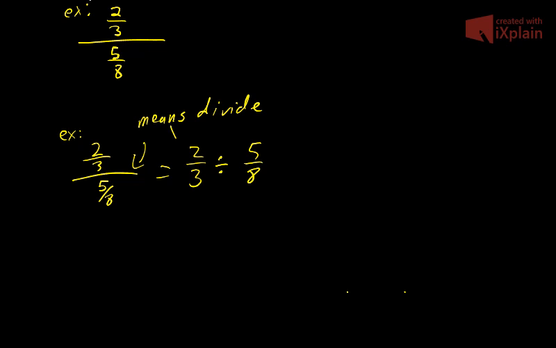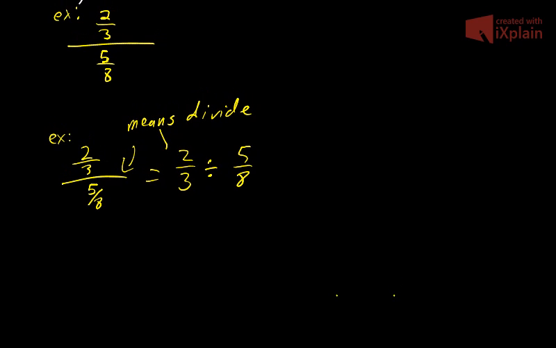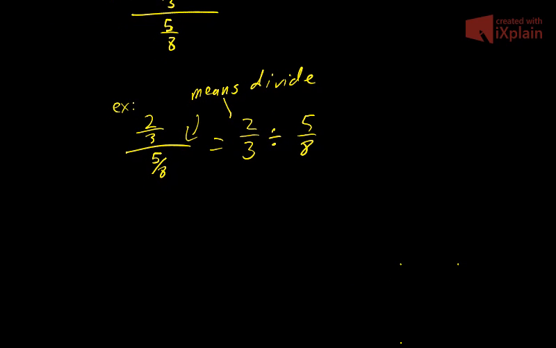Then I also know that I can flip the second fraction and multiply. So I get 2/3 times 8/5, which is going to be 16 over 15. So all I'm doing is changing this, which means divide, into a division sign. And that lets me simplify this much easier.